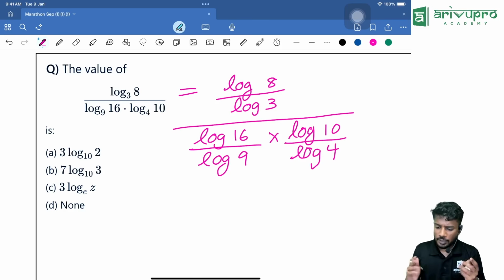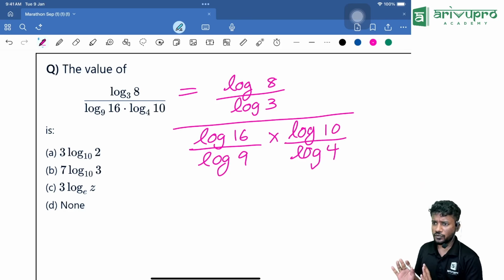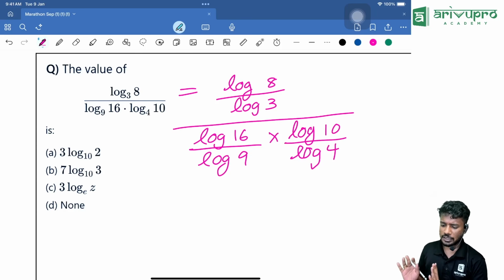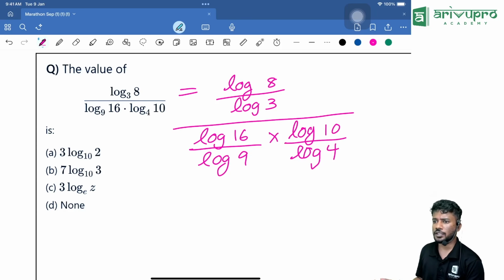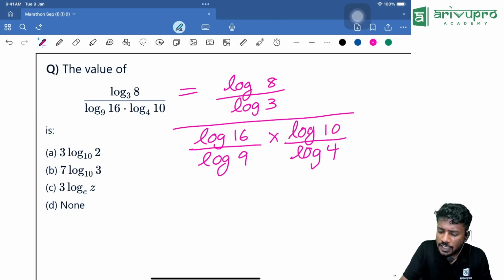Now, 8 is there, 3 is there, 16 is there, 10 is there, 4 is there. Now, 8 is nothing but 2 raised to 3, so I will split again.